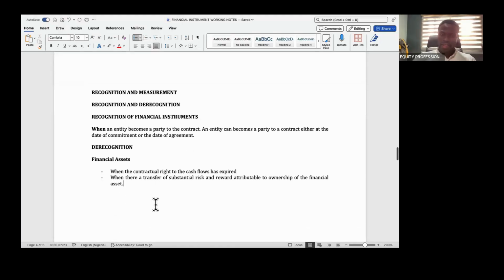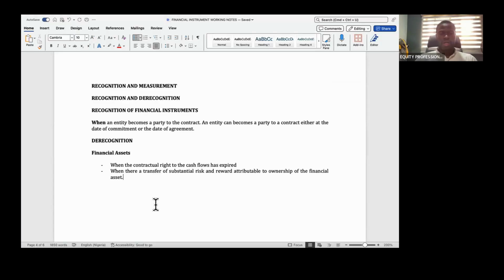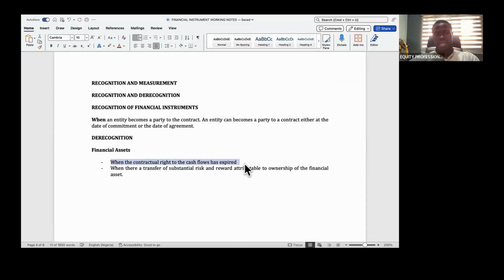So in case the examiner asks you that before you can derecognize a financial asset from the books, what are the criteria that must be met? These are the two. Number one, when the contractual right to cash flow has expired. You have a financial asset and you have collected all the cash flows relating to that financial asset.